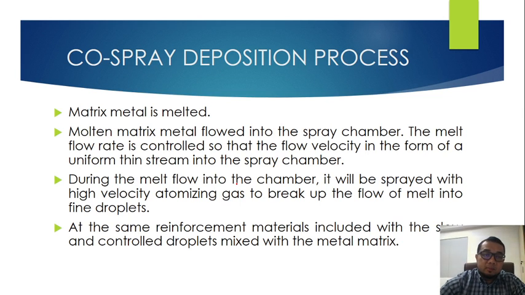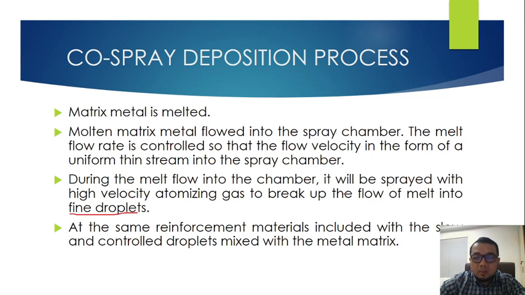The process: the matrix metal is melted inside the furnace. Molten matrix metal flows into the spray chamber. The melt flow rate is controlled so that it flows as a uniform thin stream into the spray chamber. During the melt flow into the chamber, it will be sprayed with high velocity atomizing gas to break up the flow of melt into fine droplets.